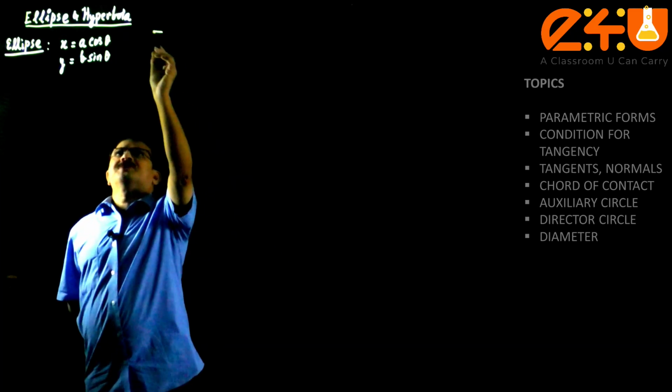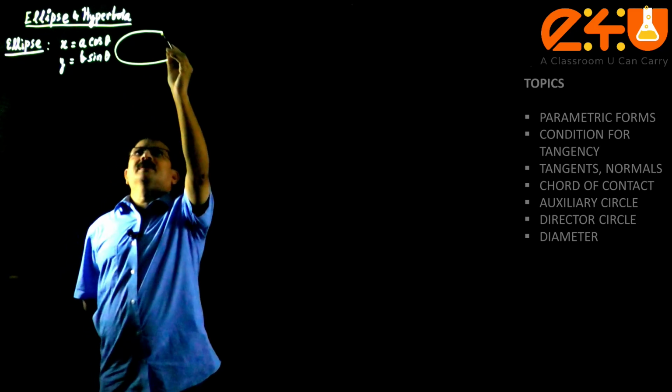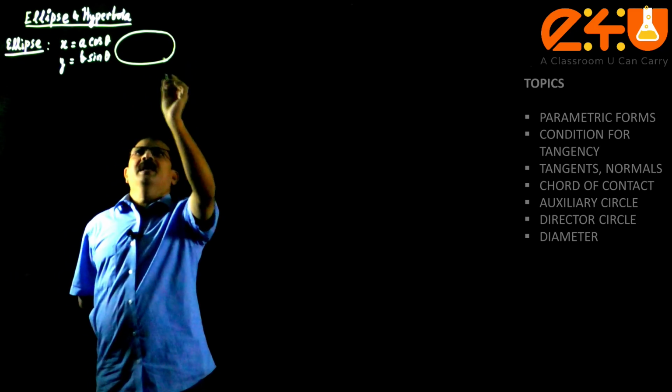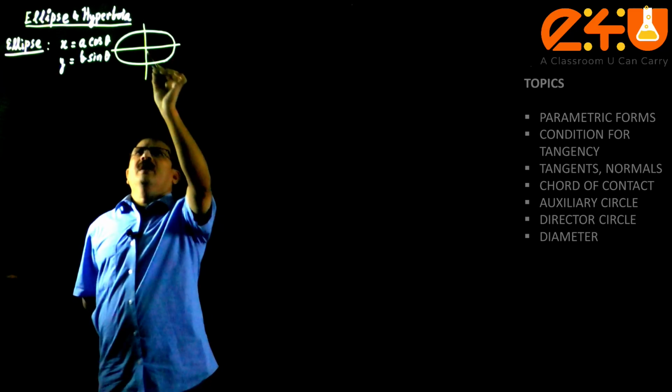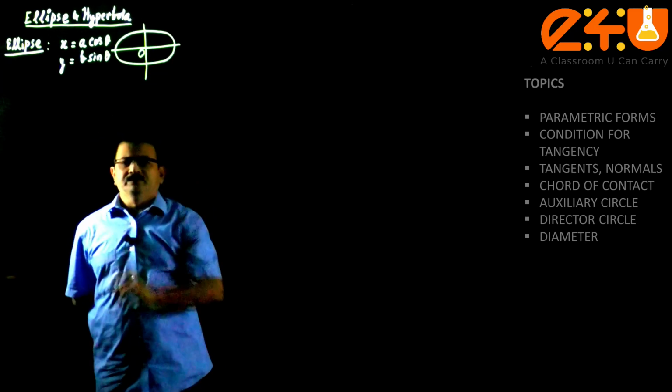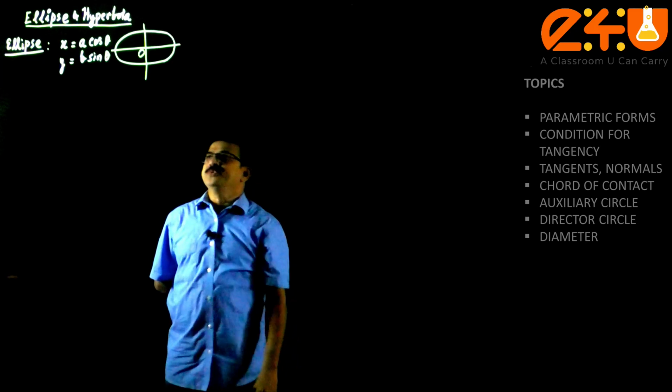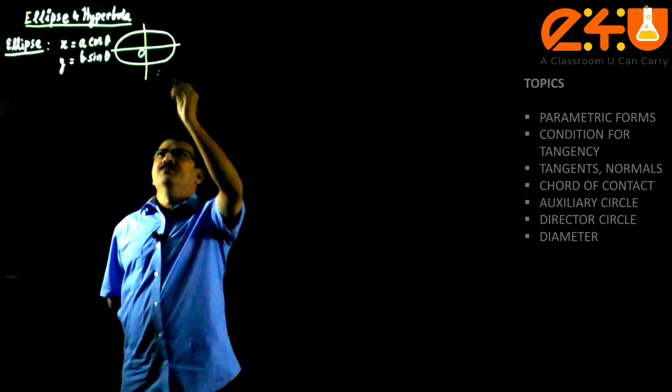Well, sometimes it is found that students lack clarity of what is this theta. It is easy to say x is a cos theta, y is b sin theta.